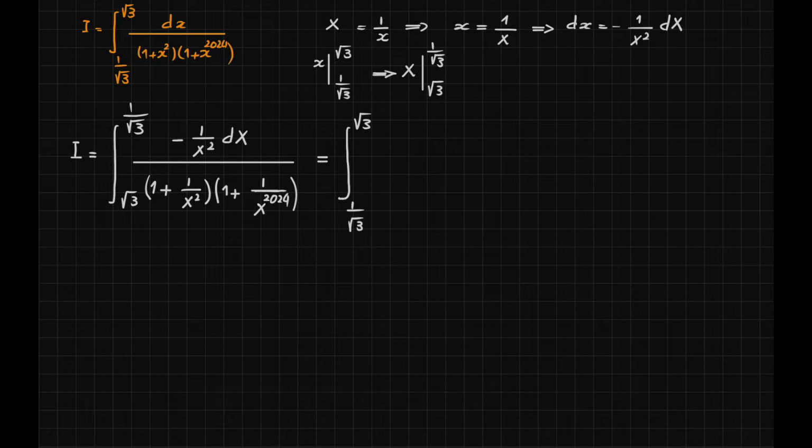If I multiply the numerator by X squared, then I will have only dX left. And if I multiply the denominator by X squared, I have two options. I can multiply it in either factor, but I prefer to multiply it here. So this 1 becomes capital X squared, and this becomes simply 1.